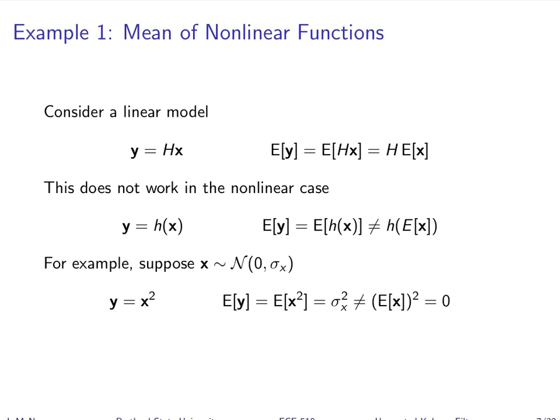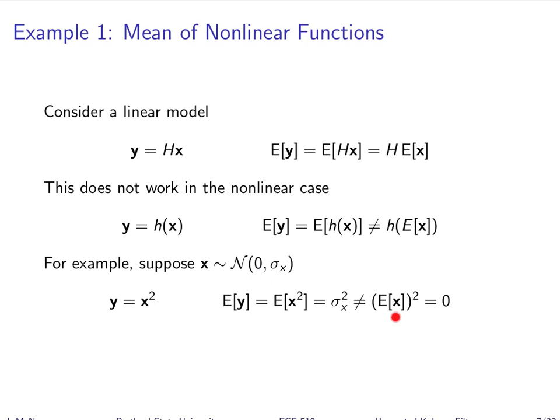So, for example, in the scalar case, if x is drawn from a normal distribution, and let's say y is equal to x squared, this makes it easy, because we know the expected value of x squared is going to be the variance, which is just a property of the distribution. But the expected value of x is given as 0.